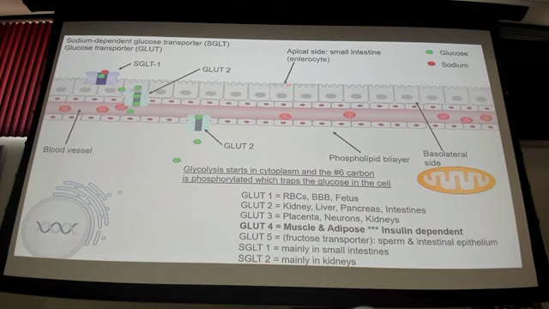So, what I want you guys to know from this slide, this is actually drawn by my predecessor. This takes a lot. This is a textbook quality slide. So, I'm very impressed that he drew this manually. But what happens is that glucose is in green. We're just going to focus on the glucose transporters.